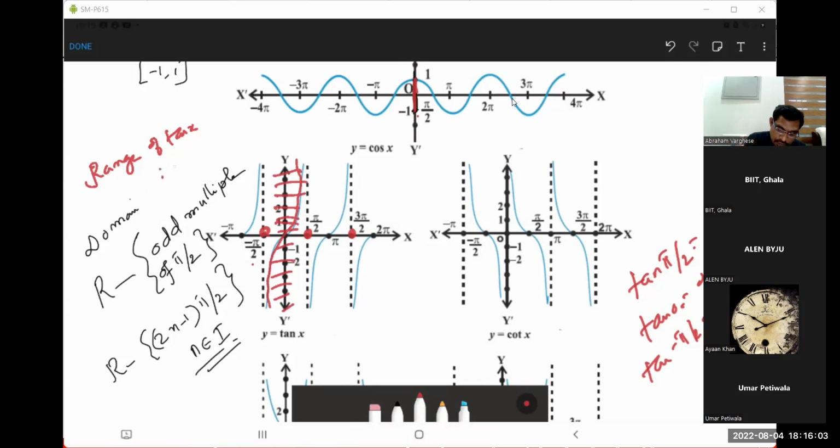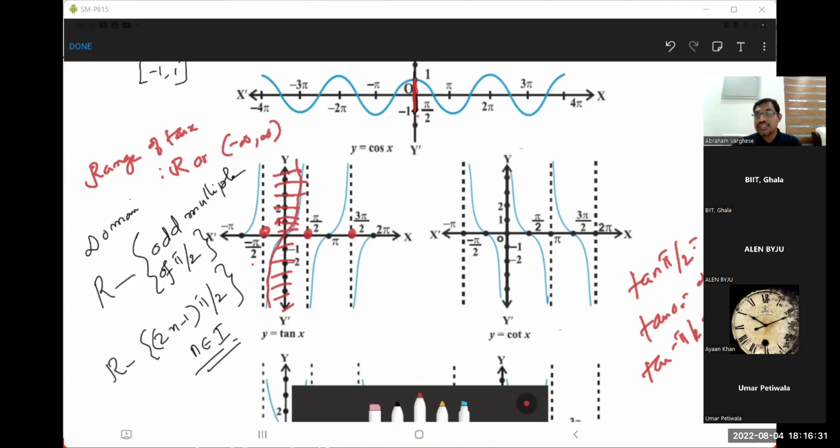Therefore, the range will be all real numbers. Or another way of writing is minus infinity comma plus infinity. Either you can say all real numbers, or minus infinity comma plus infinity. I think it is clear, right? So that is the domain and the range of tan x.